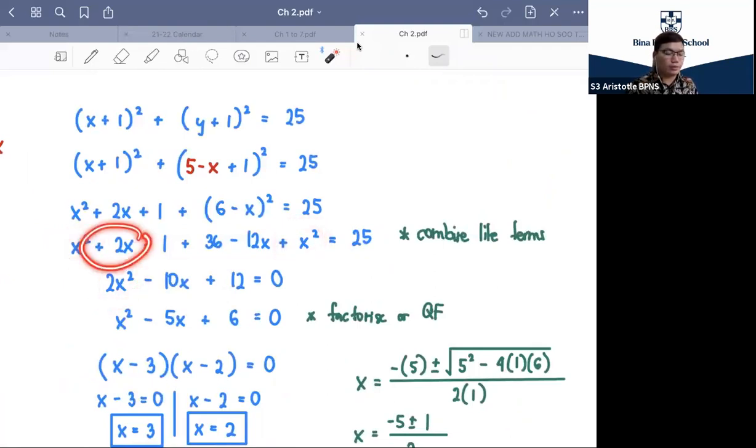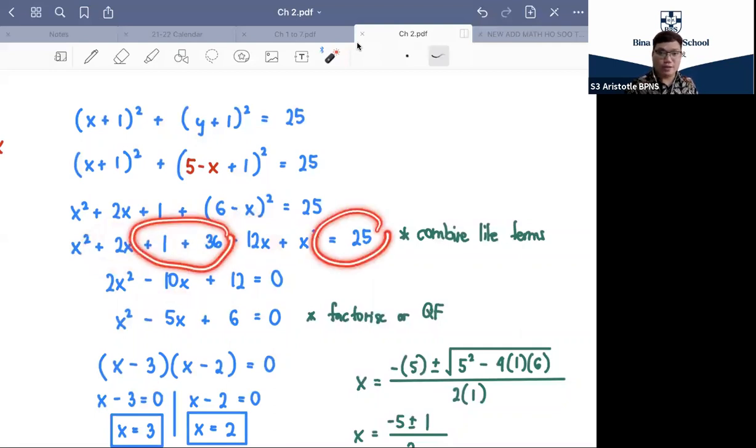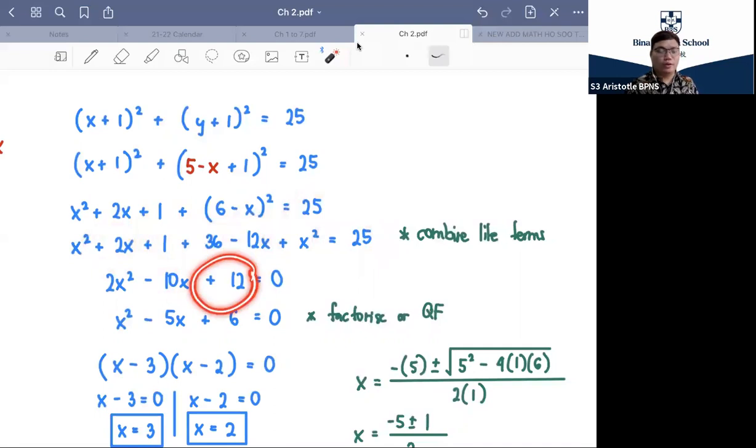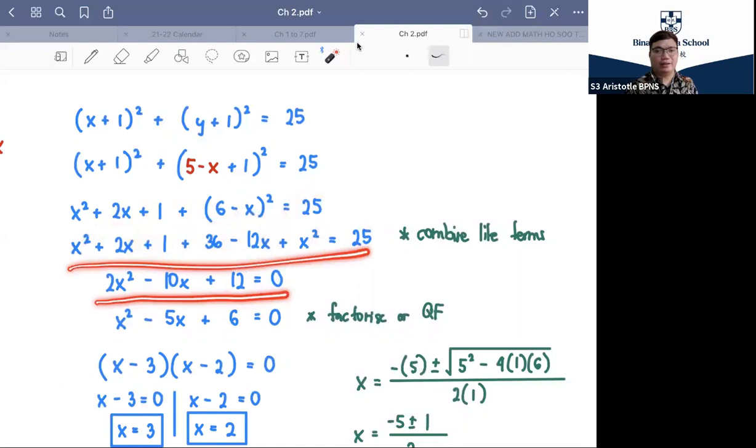And then 2x minus 12x is minus 10x. And then 1 plus 36 minus 25. This is minus 25 because you transpose it here, right? So it's equal to 12. So this is what happens after you have combined all the like terms.